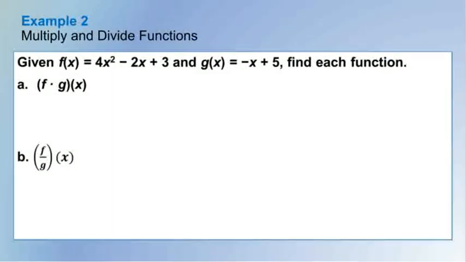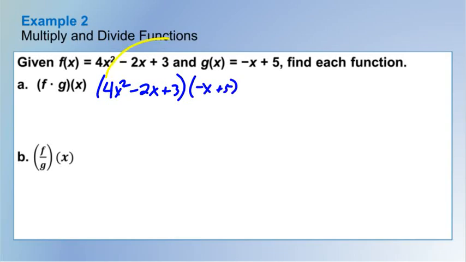Next is multiplying and dividing. Multiplying, you're just distributing when you're multiplying the functions. So if I have 4x squared minus 2x plus 3, and I'm multiplying that by negative x plus 5. So if I distribute, this gives us a negative 4x cubed plus 20x squared.